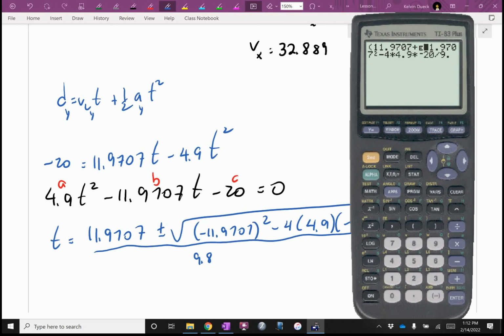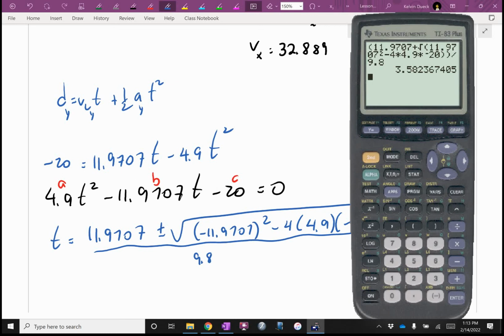Well, big time typo there, Mr. Duke. Close off the square root, close off the top, divided by 9.8. I made a typo, but I think I fixed it.